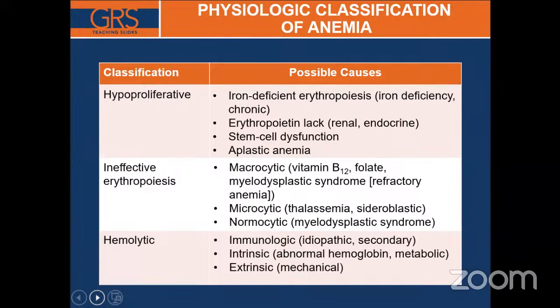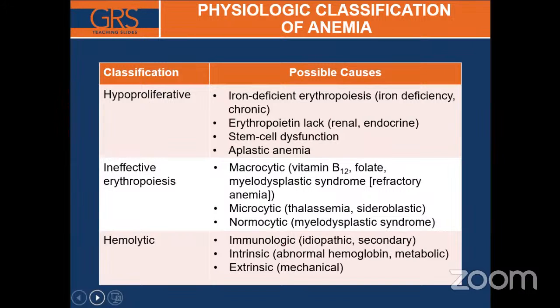Stem cell dysfunction includes conditions like aplastic anemia, where the bone marrow fails to produce adequate blood cells.